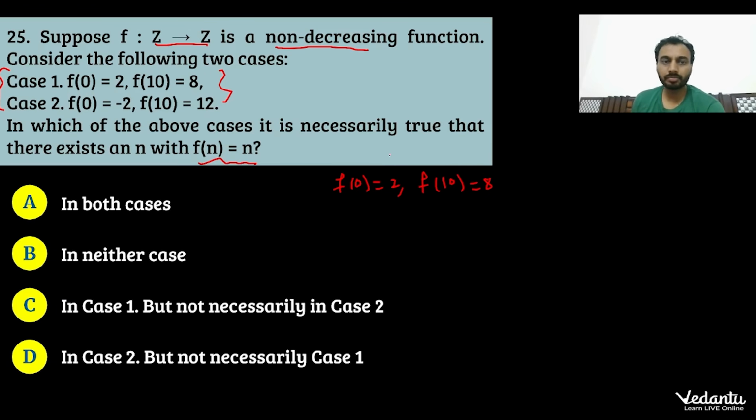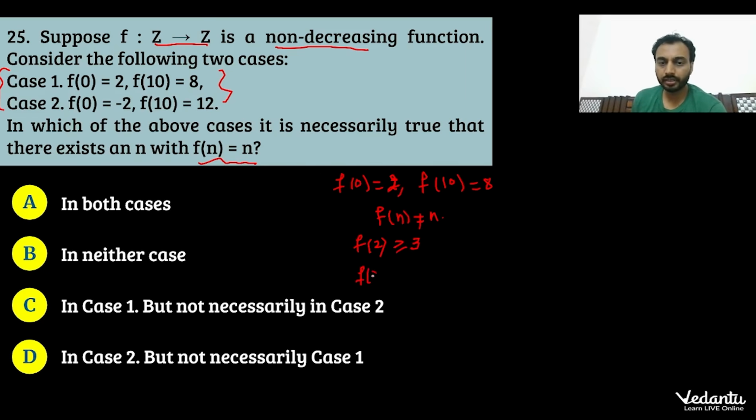If we assume the opposite, that f(n) is not equal to n, then we have f(0) is equal to 2, and what about f(1)? f(1) can be 2 or more than 2. And what about f(2)? f(2) cannot be 2, so it must be greater than or equal to 3, right?